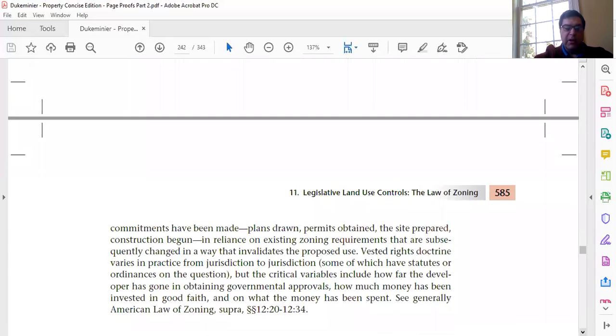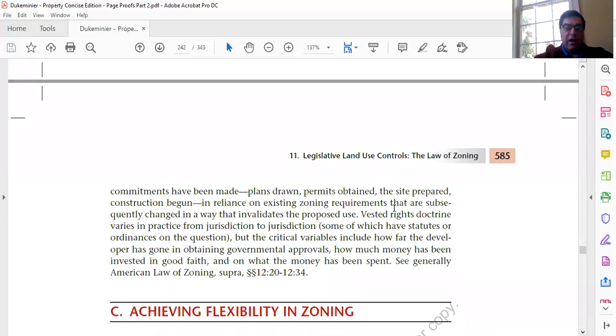What commitments have been made, what plans have been drawn, what permits have been obtained, what site preparations have been done, has construction been begun? Those sorts of questions are going to affect the analysis of whether the landowner has established vested rights in the non-conforming use subject to protection as a non-conforming use.